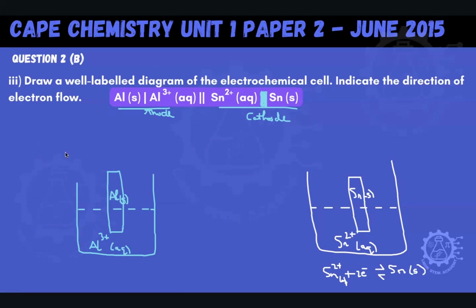And then over here at my anode, where oxidation is taking place, my Al solid sheet is getting oxidized to Al3+. And in so doing, it has lost 3 electrons to have gotten to that point. Okay? So that's my reaction at my anode. So let's just write anode over here. That's an oxidation process. And this is gonna be my cathode, where my reduction is taking place.